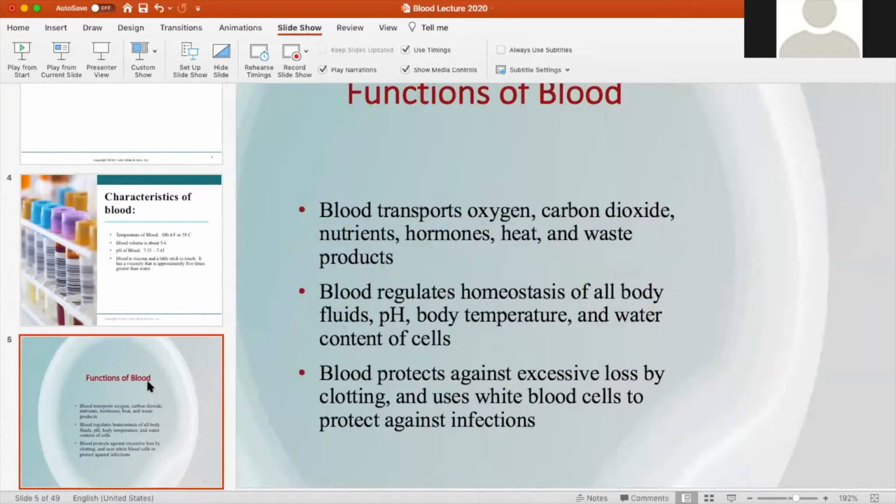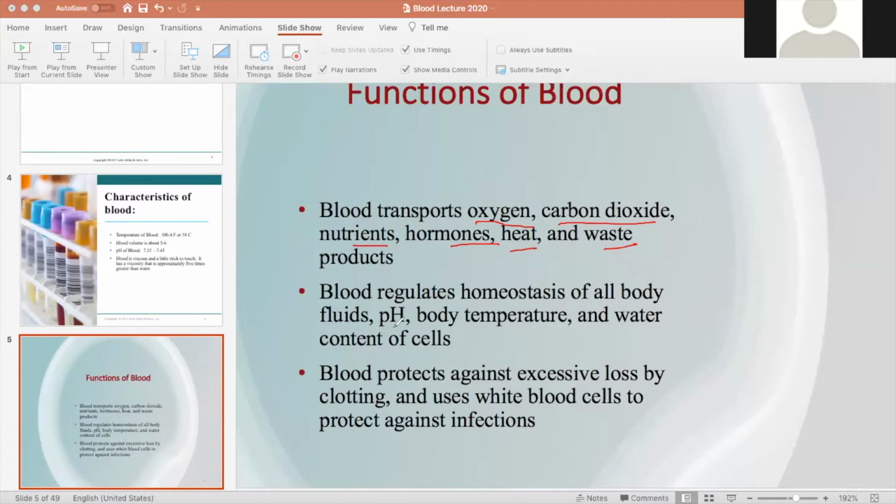All right. So blood has some basic functions and some really complicated functions. So I'm going to focus here on this very first statement, where we see that blood transports oxygen, carbon dioxide, nutrients, hormones, heat, and waste products.